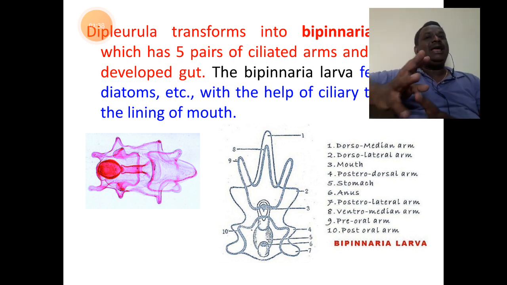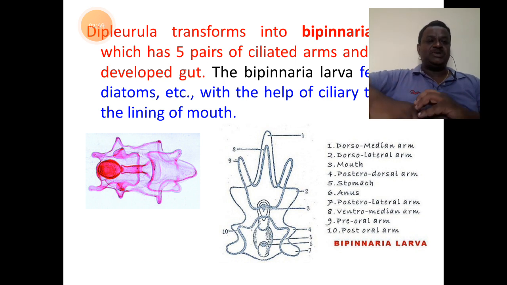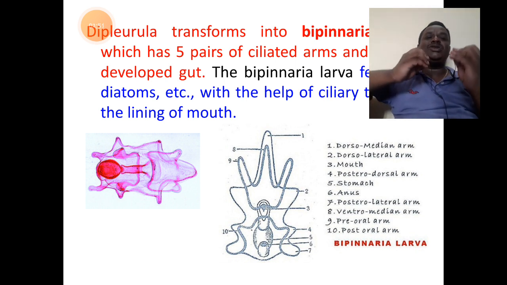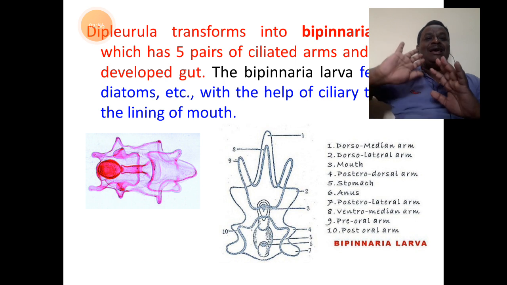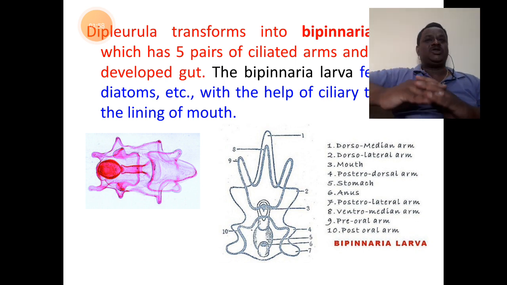Number 1, preoral arms. Number 2, postoral arms. Number 3, posterior dorsal arms. Number 4, posterior lateral arms. Number 5, dorsolateral arms. They just indicate the position of the arms where they are. They are all said to be 5 pairs of arms.